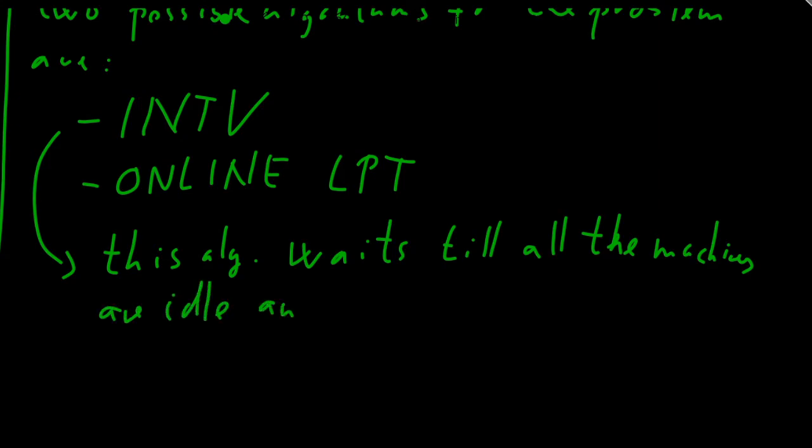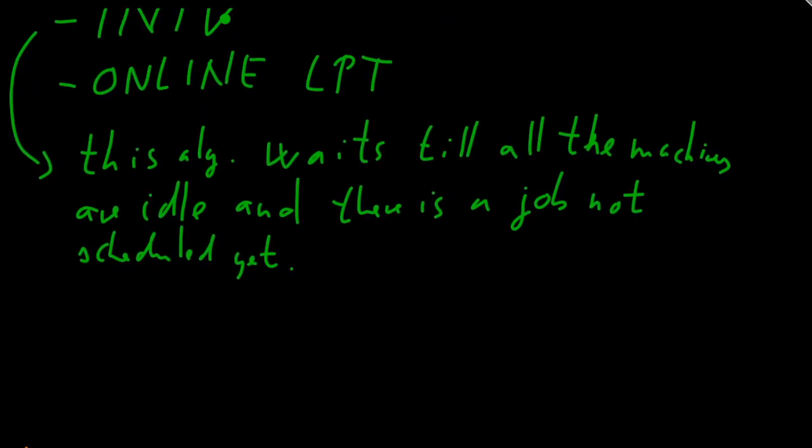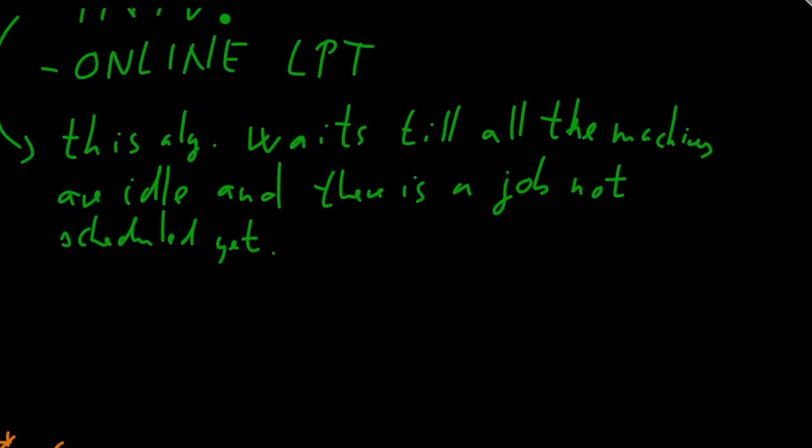And there is at least one job which is not processed yet, a job which is available, so which is not scheduled yet. Then, if this point in time happens, it will just schedule all the jobs that are available at that time point.